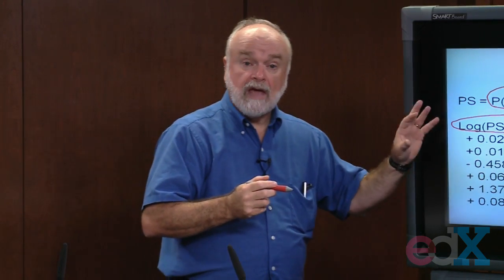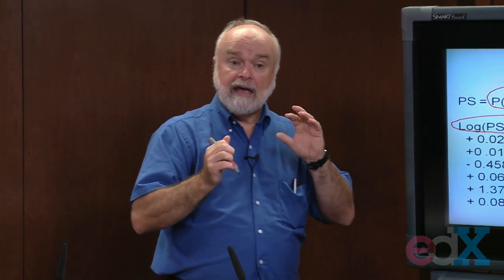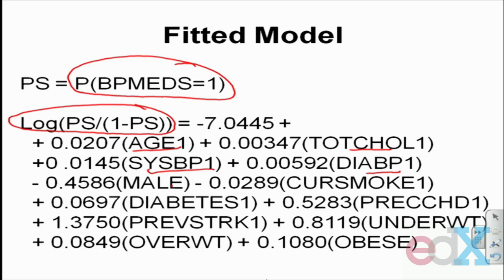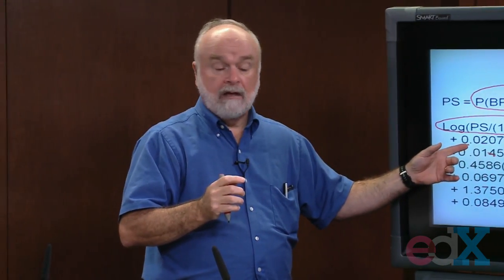So once we have this fitted equation, I can take each of my 1,300 people in my data set and plug in the values each individual person has for these 10 different confounders: age, cholesterol, systolic blood pressure, diastolic blood pressure, sex, smoking, etc. Weight them by their coefficients and add them up, and I'll get an estimate for that person's log odds of receiving the medication.